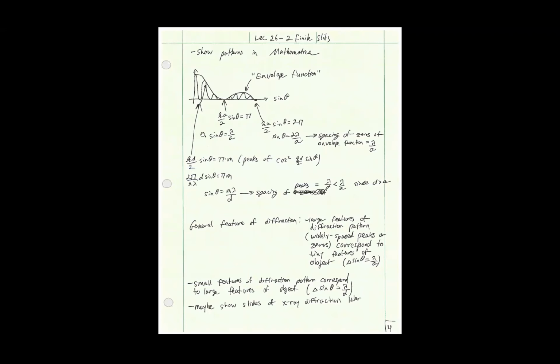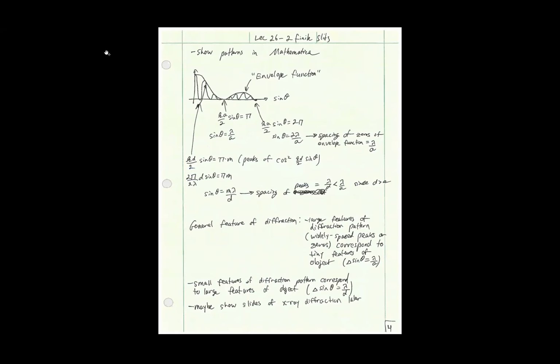Those little nodes show up when (kd/2) sin θ is an integer multiple of π. And so that gives you sin θ is λ/d, or 2λ/d, etc. Any questions so far? Anyone?